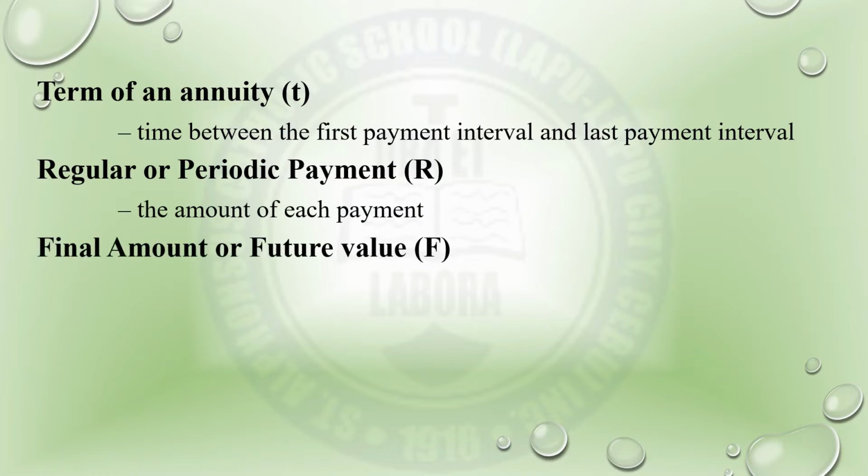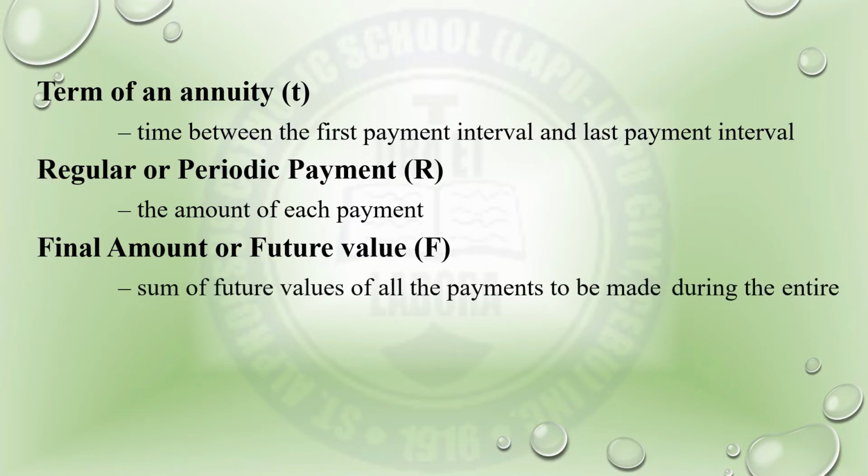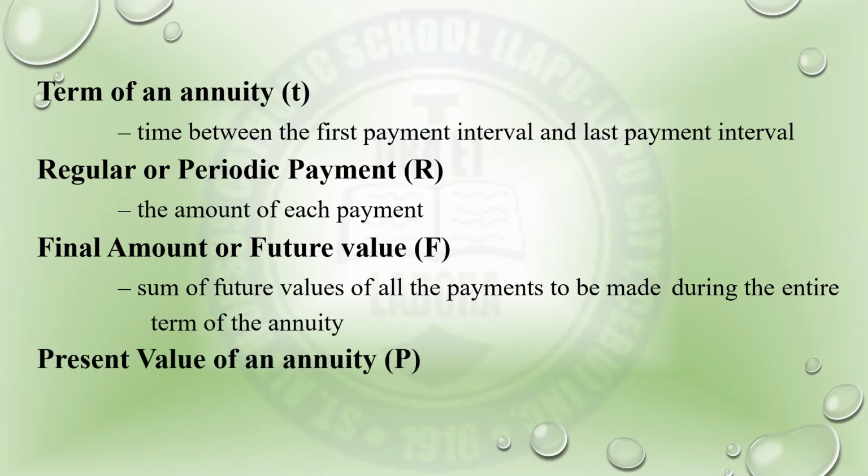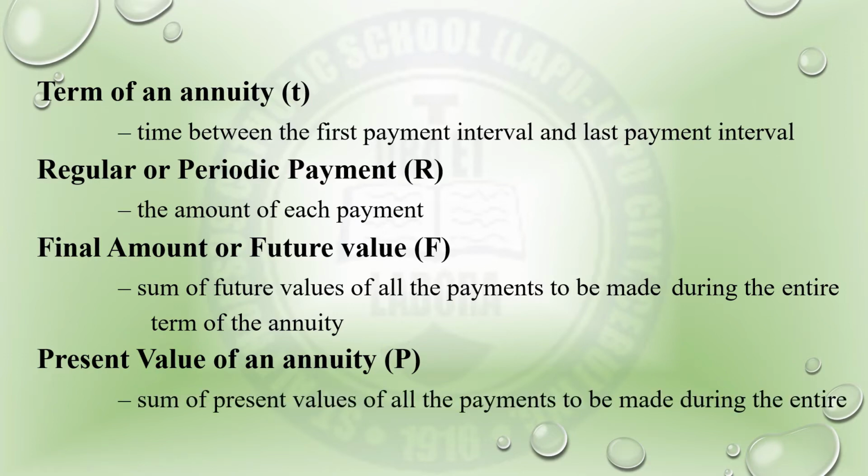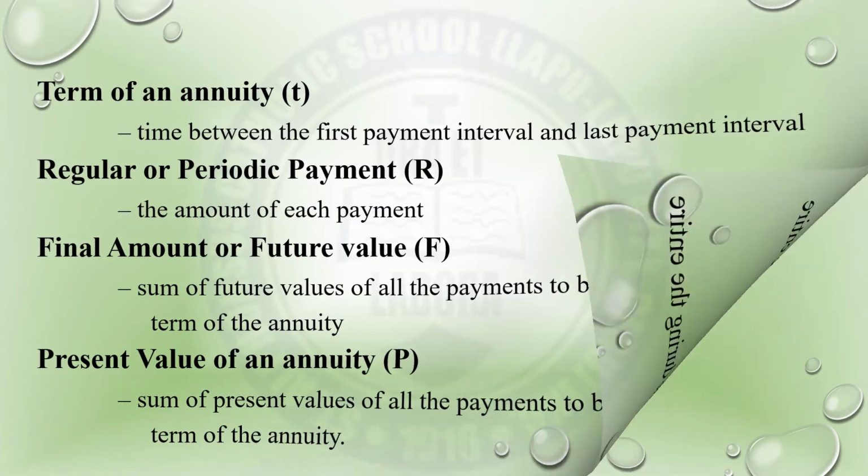The final amount or future value is the sum of future values of all the payments to be made during the entire term of the annuity. Another one is the present value of an annuity. It is the sum of present values of all payments to be made during the entire term of the annuity.